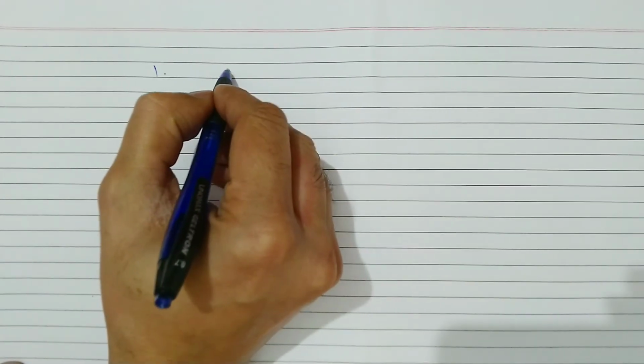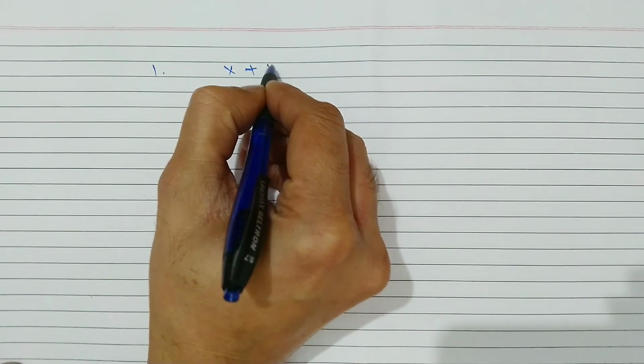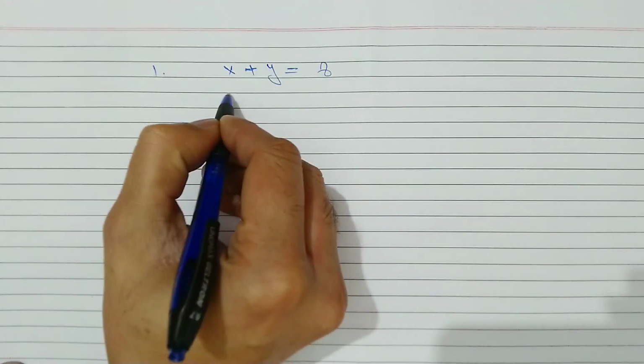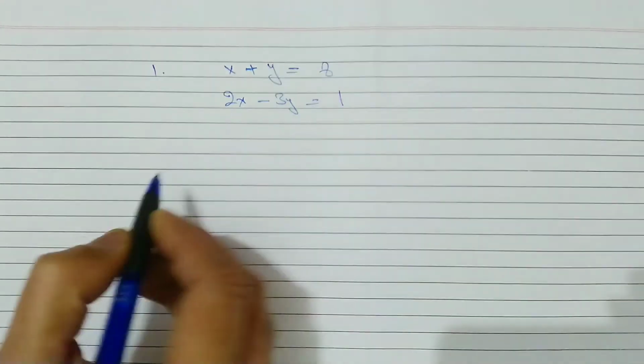Now a few examples for your assignment. Solve for x and y from these equations. Question number 1: 2x minus 3y equals 1.